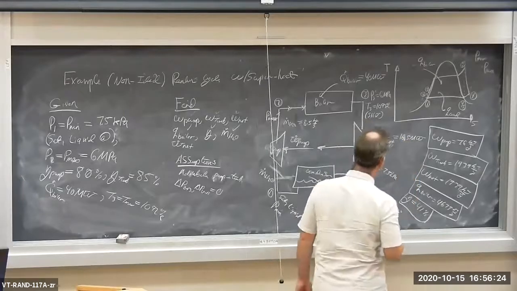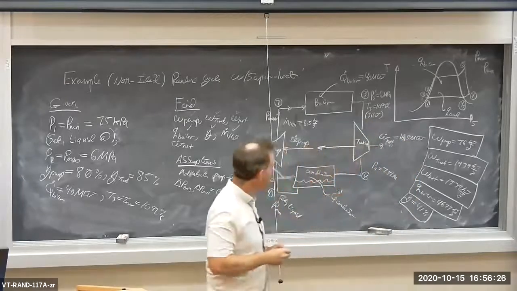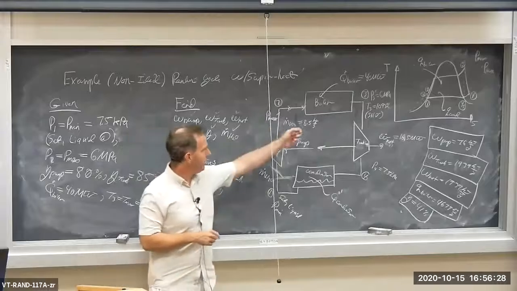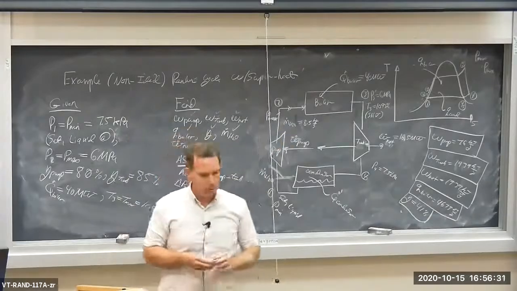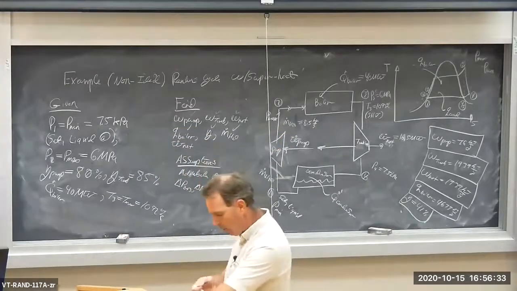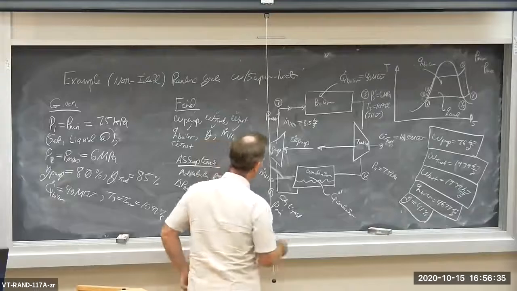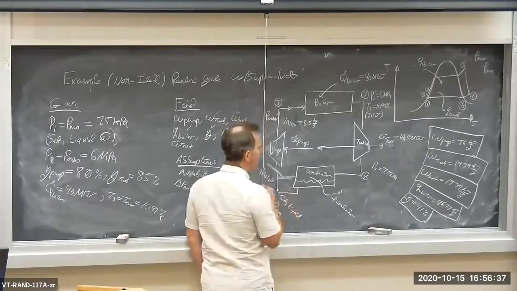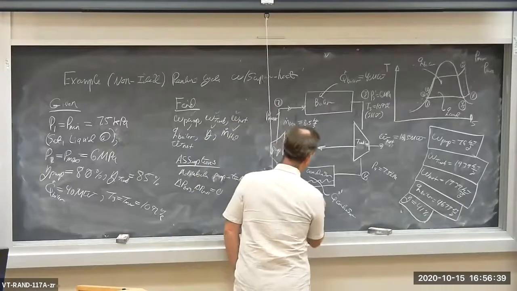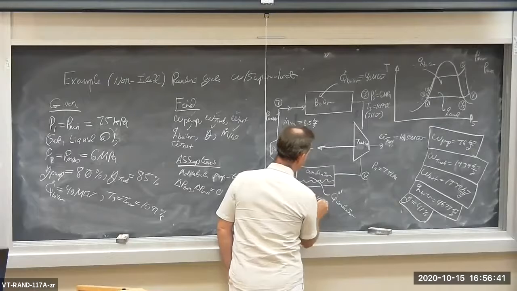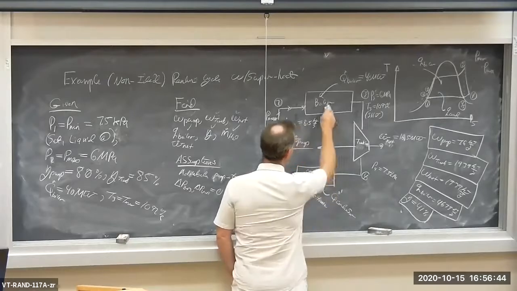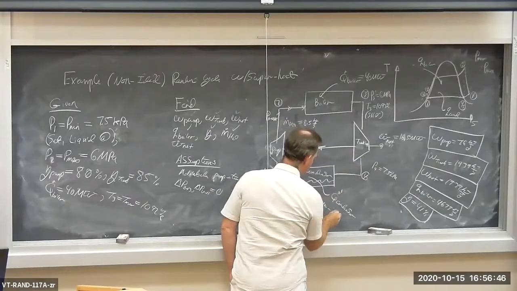16.5 megawatts. So 40 megawatts goes in, heat added in the boiler. 16.5 megawatts comes out in the form of work. The rest of it is rejected. By the way, I can immediately calculate the condenser heat rejection. That's going to be 40 megawatts, what goes in, minus what goes out as work, 16.5 megawatts.